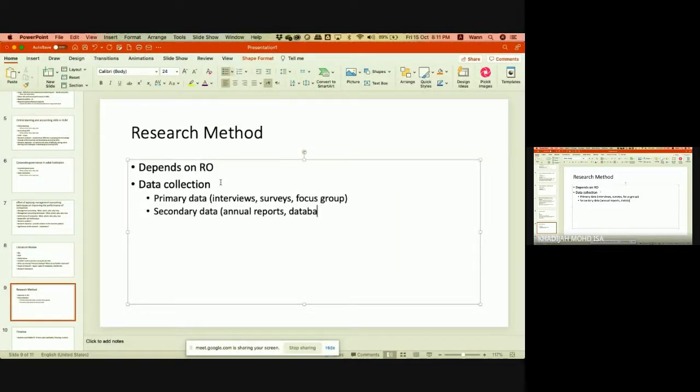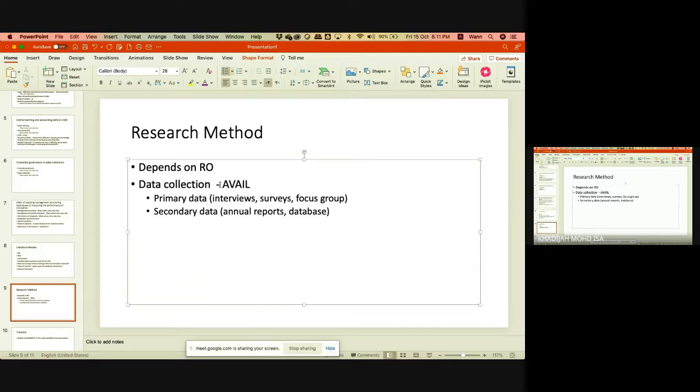Right now, you can buy data from a database, especially if you're doing economics or finance, they normally have a database. So these are the secondary data. There are a lot more. It depends on your research objective, and that's why I say that for your research method, you have to think about it, it has to be available, right?